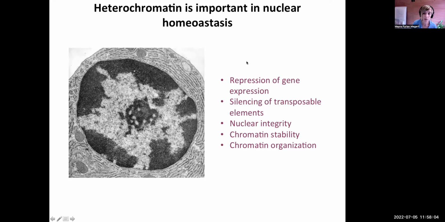It is also involved in silencing transposable and repetitive elements, preventing genomic instability. And more recently, it has been well described that heterochromatin has an important role in organizing chromatin and providing it stability, so that when heterochromatin maintenance fails, nuclear architecture is disrupted and gene expression is altered.